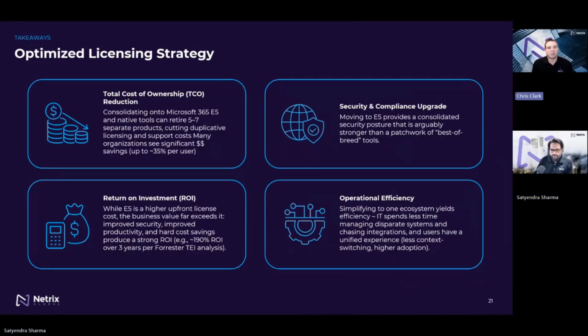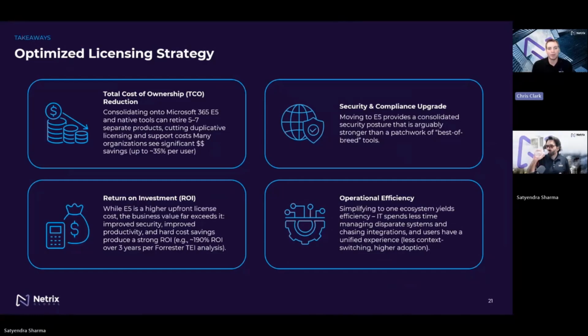Yeah, a couple key takeaways here that we hopefully have shown throughout the presentation are really thinking about total cost of ownership, right? So we saw that even in the exact example, we were able to retire potentially 5 to 7 different products, where there's potentially redundancy and overlap that we were mentioning.